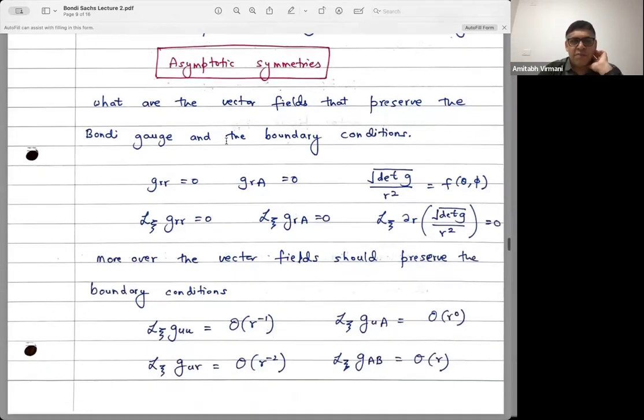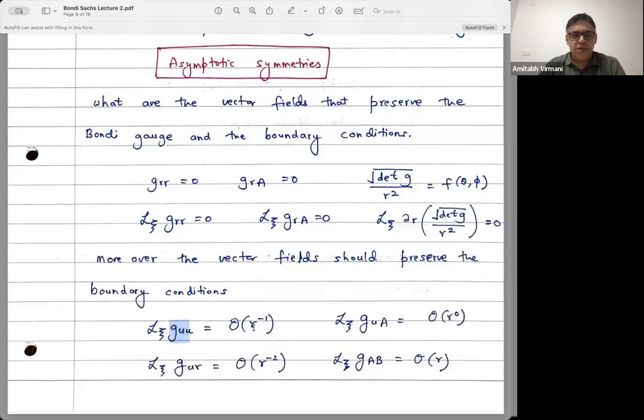Okay, so now we have the boundary conditions also. The boundary conditions were G_UU falls off like 1 over R. So the vector field should be such that the Lie derivative of G_UU should also be 1 over R. Otherwise the boundary conditions will change, and we don't want that to happen. So the vector fields should preserve the boundary conditions.